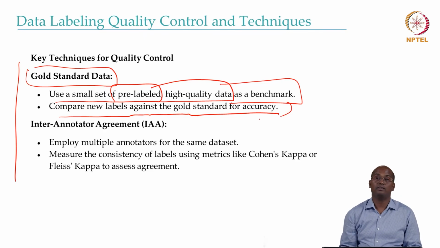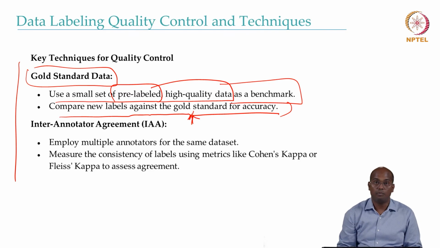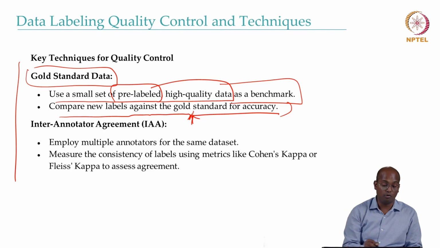So if the data labeled by some user is not of as good quality as compared to the gold standard you have created, it means the annotator is probably not able to do the annotation well. That is not good quality. Otherwise, we are good to go.